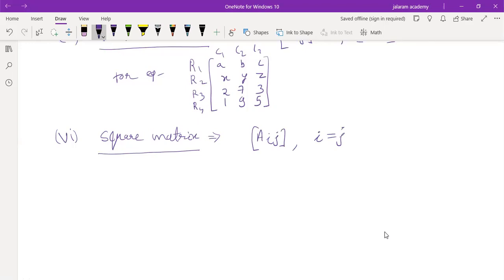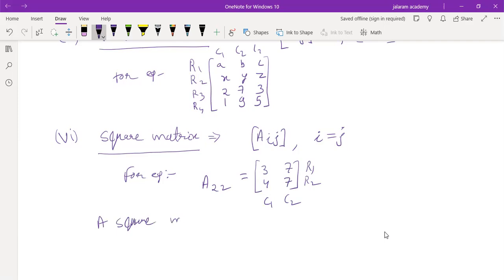For example, 8, 2, 2 with 2 rows, 2 columns: R1, R2, first row, second row, C1, C2, first column, second column.